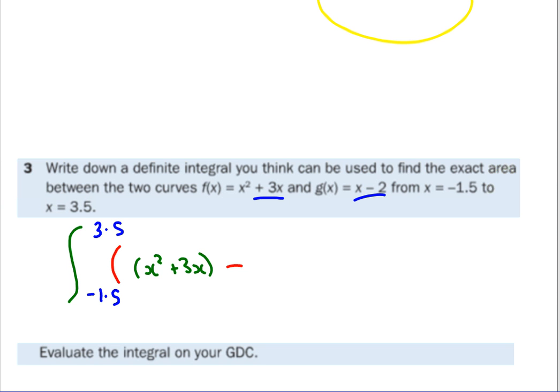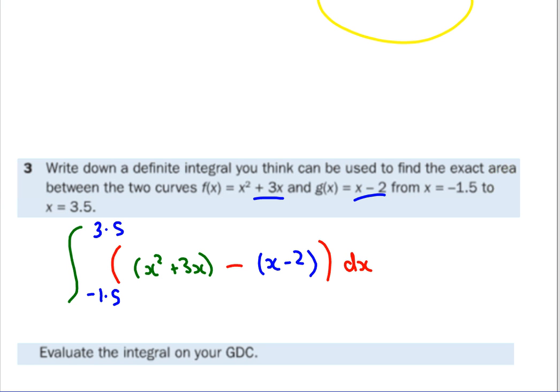So it's in square brackets? Yeah, or just a bigger bracket overall, because you remember we've got to put something dx at the end. So I've got the big bracket just because we've got to write dx at the end. And then minus the other thing, the lower one. Good. Yep, that's exactly it. And then close it with dx.